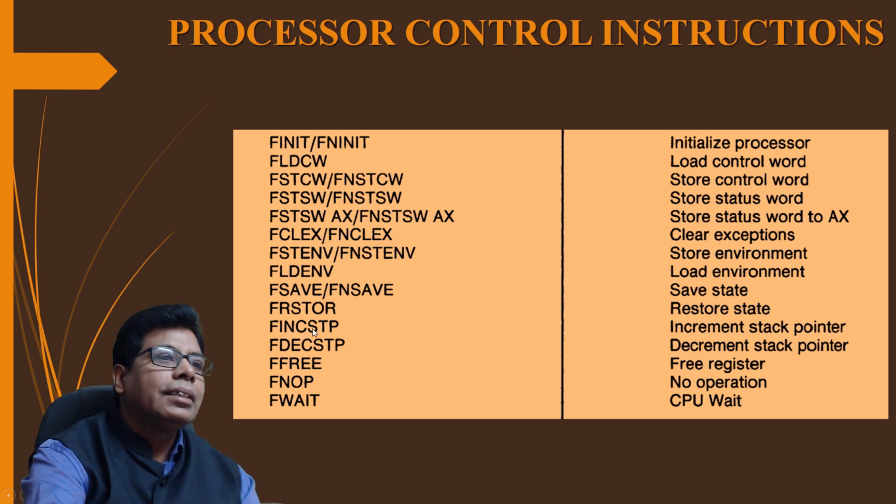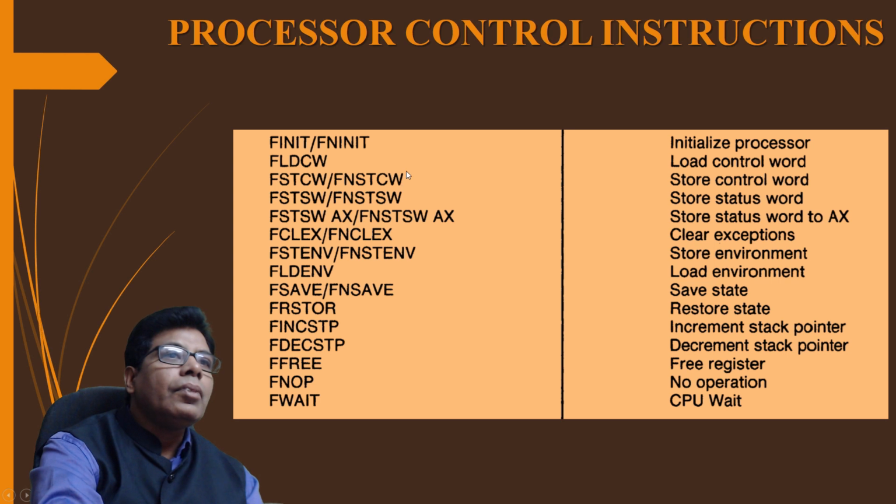Then FINCSTP, that is increment stack pointer, and decrement stack pointer, FDECSTP. Then when you want to free a register, we use FFREE. Then FNOP, that is no operation, and FWAIT is the CPU wait. So these are some of the processor control instructions in short.